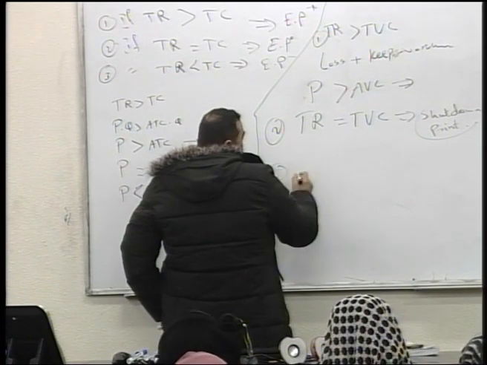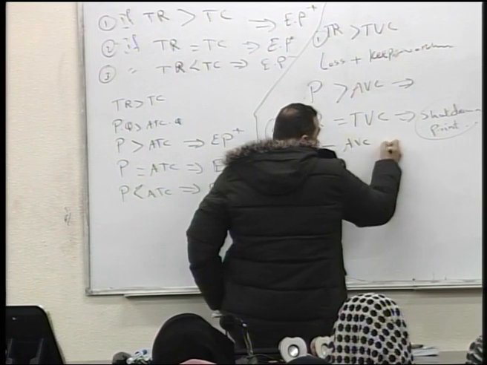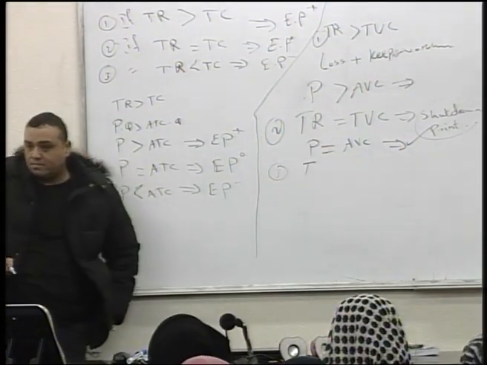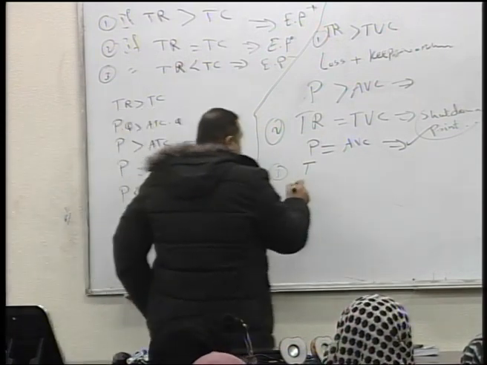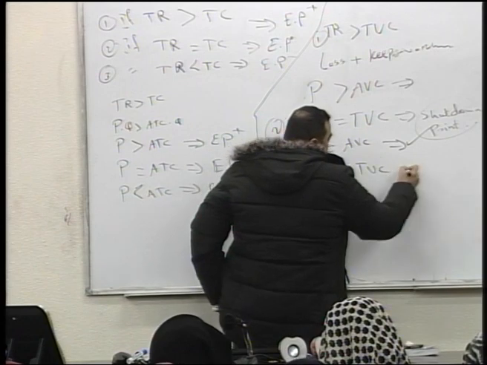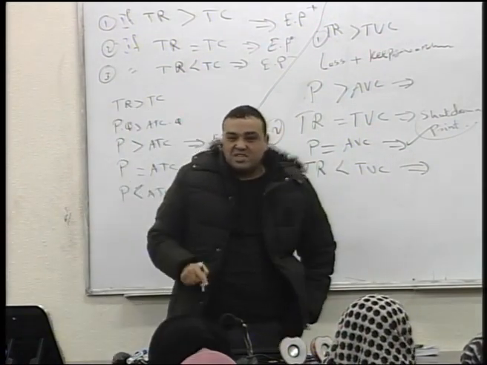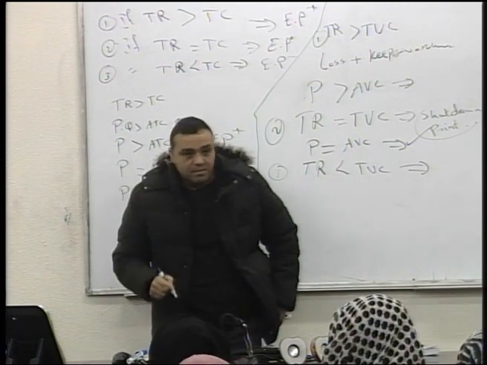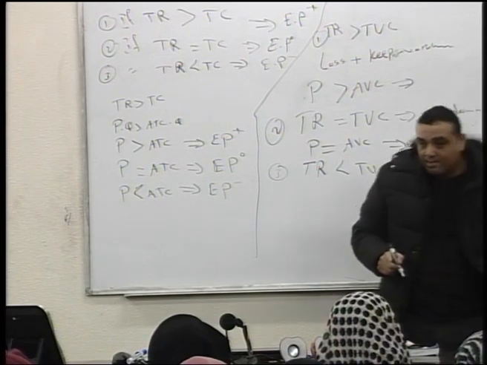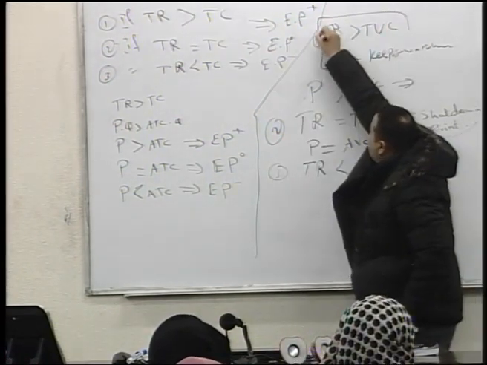Number two, if the price equals average variable cost, here we have the shutdown point, the confusion point. Number three, if total revenue is less than TVC, the business should close down, because closing down is better for the organization, right?